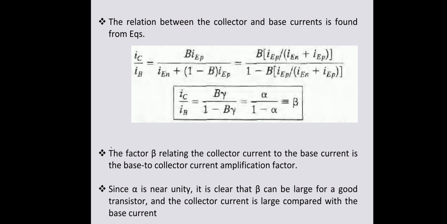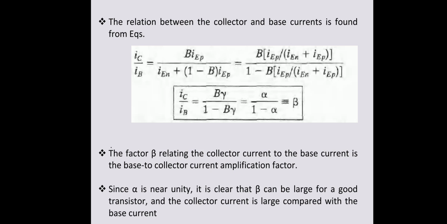So you will get B IEP by IEN plus IEP divided by IEN by IEN plus IEP plus 1 minus B IEP by IEN plus IEP. Then you can expand the bracket. So after simplification, IEP by IEN plus IEP is gamma. So you will get IC by IB as beta gamma divided by 1 minus beta gamma. In that, beta gamma we already defined as alpha. So alpha by 1 minus alpha.